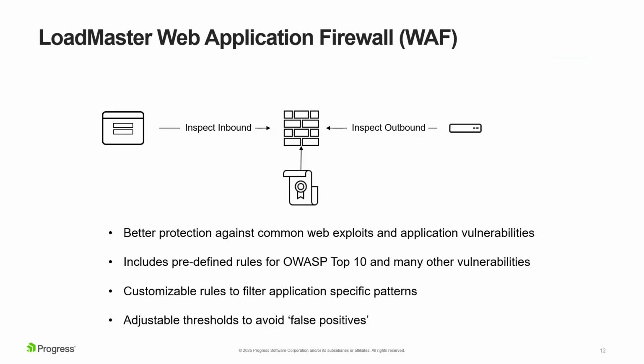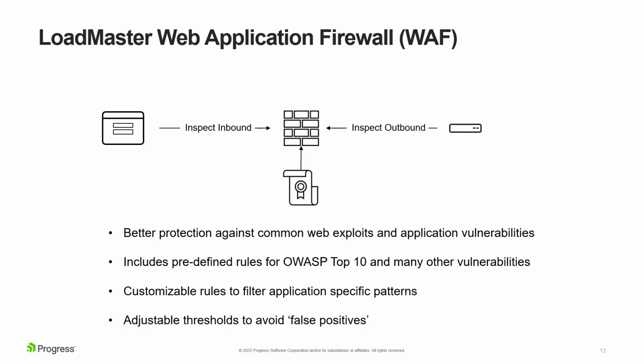Moving on to the web application firewall. Again, this is enabled within each of the virtual services. It's going to protect the application against common exploits. It includes the OWASP top 10 core rule set, but you can also create custom rules based on specific patterns as well.